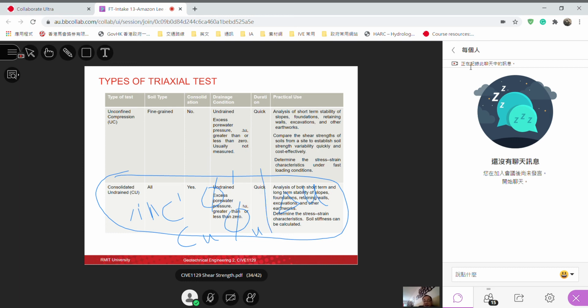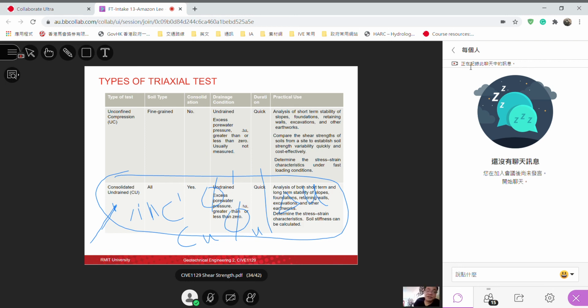So those are the most informative and also quite expensive. Usually a commercial lab will charge a few thousand dollars per test, somewhere from $3,000 to $5,000 for one test.